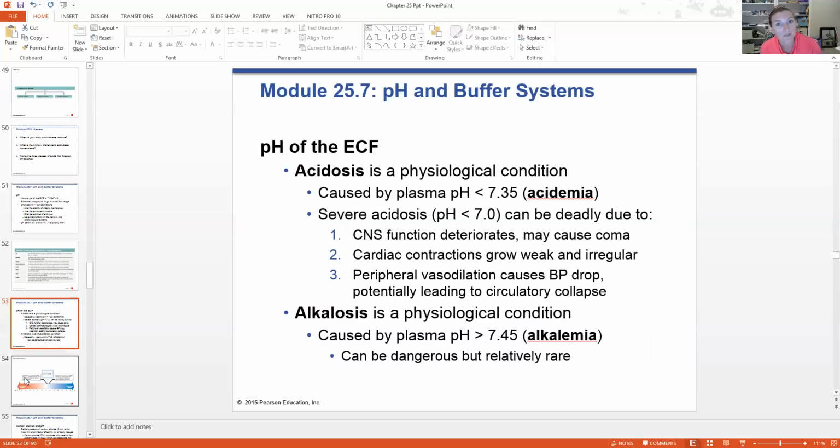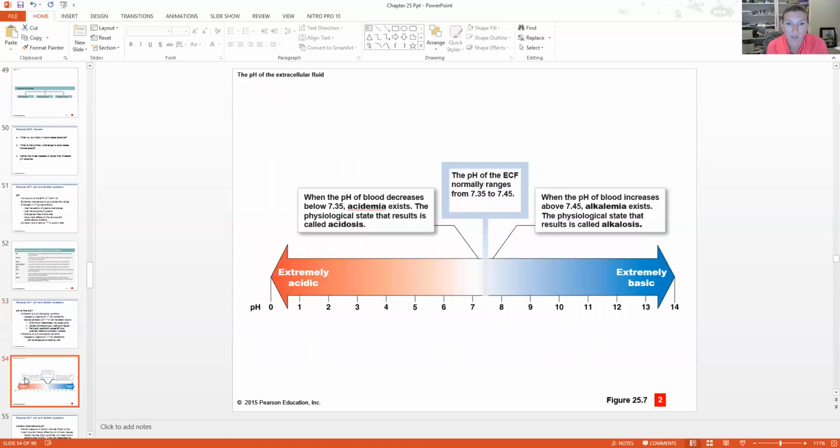Alkalosis is where you're above 7.45 and can be dangerous. This is much more rare. Our body tends to be more on the acidic side just because we accumulate acids from our metabolic activities. So this is looking at that normal range, and anything outside of that range is super dangerous.